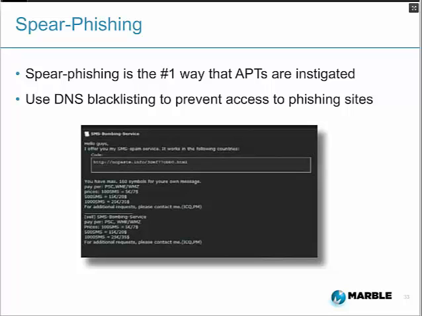Also, phishing attacks can be delivered through SMS, back to our SMS mining problem with a lot of these apps, 12% of these apps reading your SMS. And users click on that stuff. So we really recommend that you push users to a VPN that is providing the DNS and has DNS blacklisting services to prevent access to phishing sites and malware sites, and also to track it. And if a site comes up as, hey, that was a spear phishing site, you're able to go back in your logs and look for it and find users who may have clicked on it.